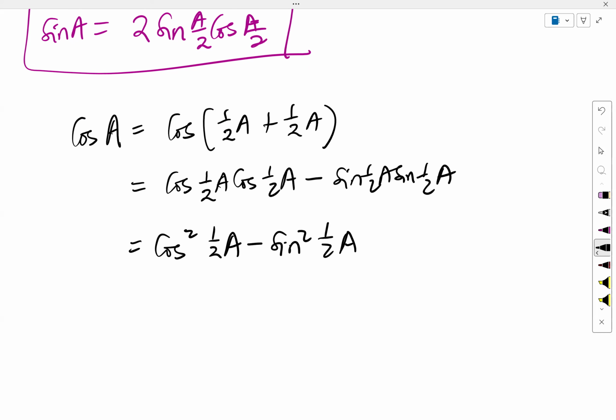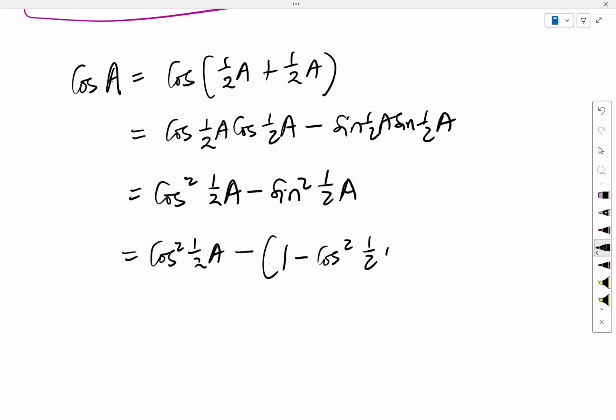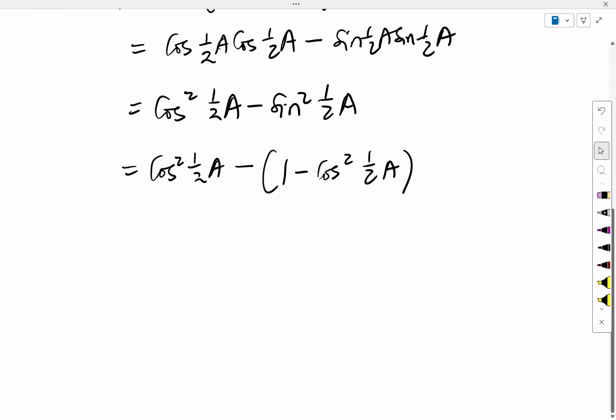Well, since the focus is on cos, we always want to make everything come out in terms of cos. So in that case, sine squared half A plus cos squared half A is 1. So that means that sine squared half A is the same thing as 1 minus cos squared half A. We did something like this under multiple angles, double and triple angles.